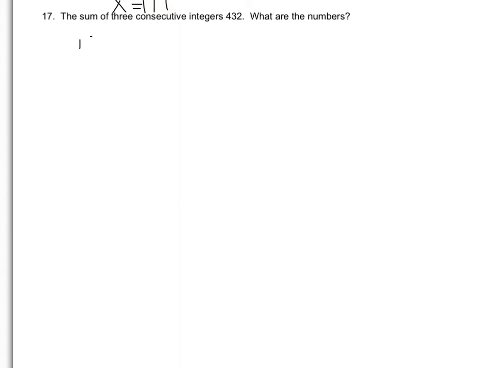So I have a first term, a second term, and a third term, and together they equal 432 when I add them together. I don't know any of those three numbers. So I'm going to start with the first one. If I don't know what the first one is, I'm just going to call that x. Right? I don't know what it is.